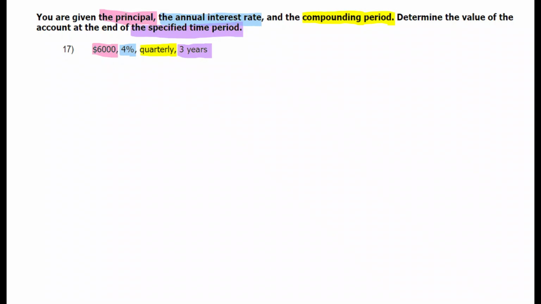Now you'll go to your handout that has all the formulas that you need for this chapter, and you will be looking for the compound interest formula, which is A is equal to P times 1 plus R over M raised to the N power.